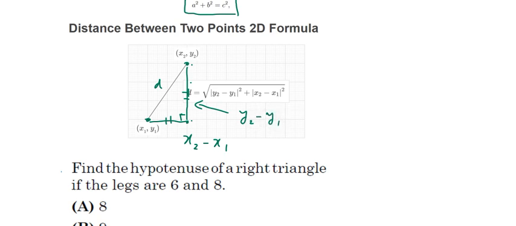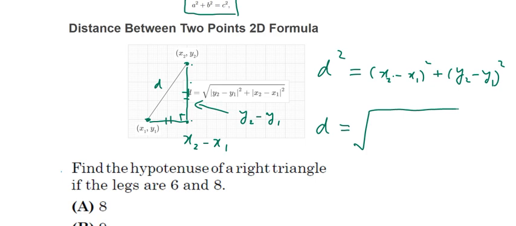Okay, so there's D, there's a square, so we say D squared equals (x2 minus x1) squared plus (y2 minus y1) squared. Then the distance D equals this, and we just take a square root.